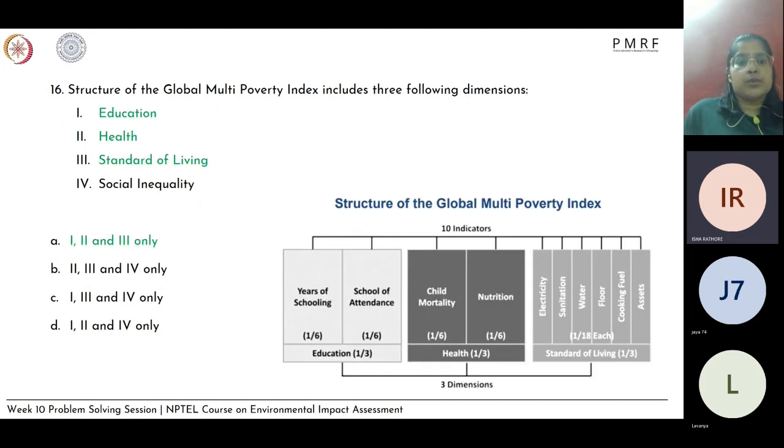Okay, so we looked at the global multi-poverty index, and it has three dimensions. That is education, health, and standard of living. So the correct answer is A. That is 1, 2, and 3 only.